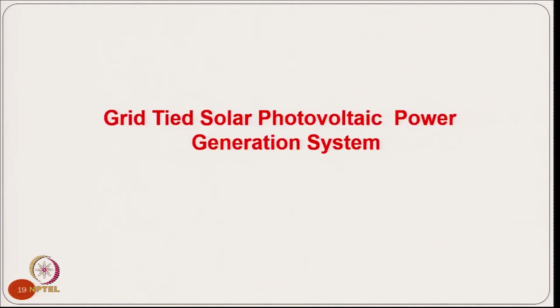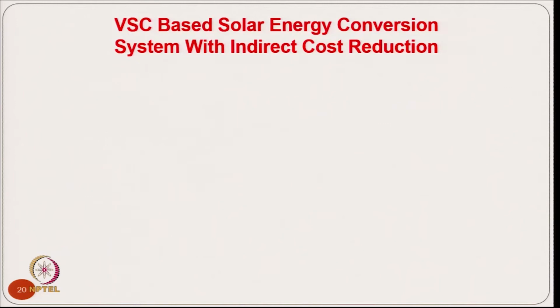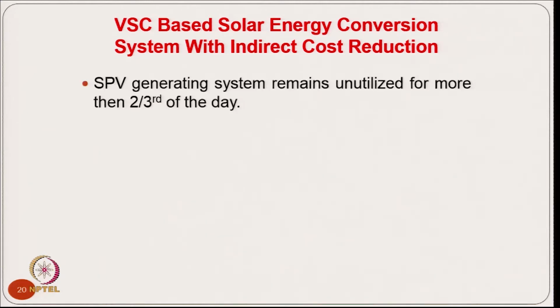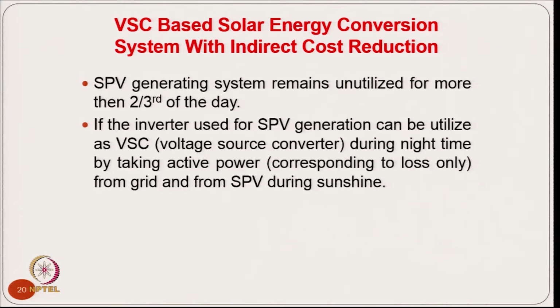And now, coming to the grid tied solar photovoltaic power generation system, normally you can use any converter, either voltage source converter or current source converter, but voltage source converters are more preferred for solar energy conversion systems, with indirect cost reduction. A solar PV generation system remains unutilized for more than 2/3 of the day.